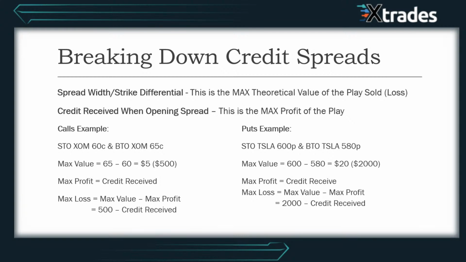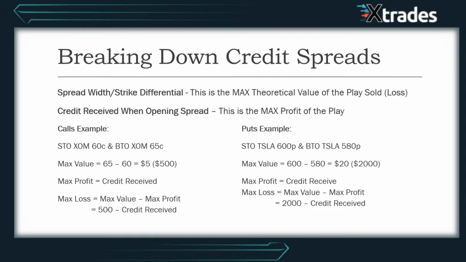So the max value of this spread is 65 minus 60, right? That's the two strikes. So that's $5, or in other words, $500, right? So that's the max risk of the play. That's how much collateral plus credit that we need in order to play this spread.